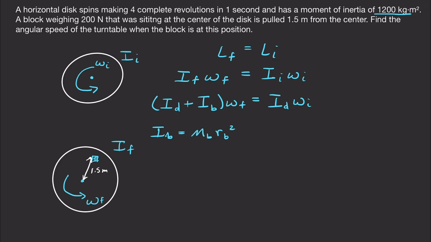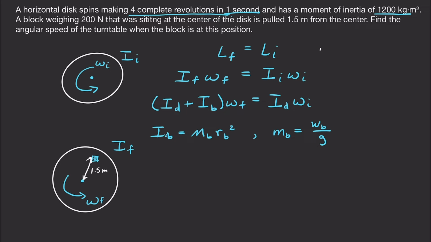And so we need its mass, and we were given its weight. So the mass of the block will just be its weight divided by g. And then we were given the initial angular velocity, but we were given it in revolutions per second.